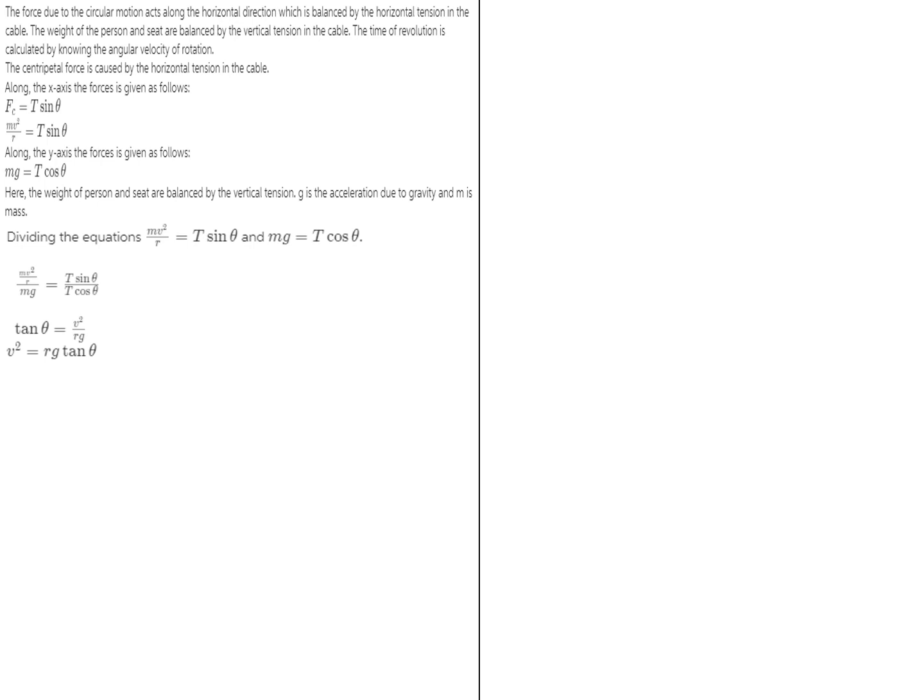We divide these two equations, and we find that tan theta equals v squared over rg, so v squared equals rg tan theta. We know that the speed in circular motion is radius times angular velocity. We square the equation on both sides, and we can substitute this into our previous equation, and we find rg tan theta equals r squared times angular velocity squared.